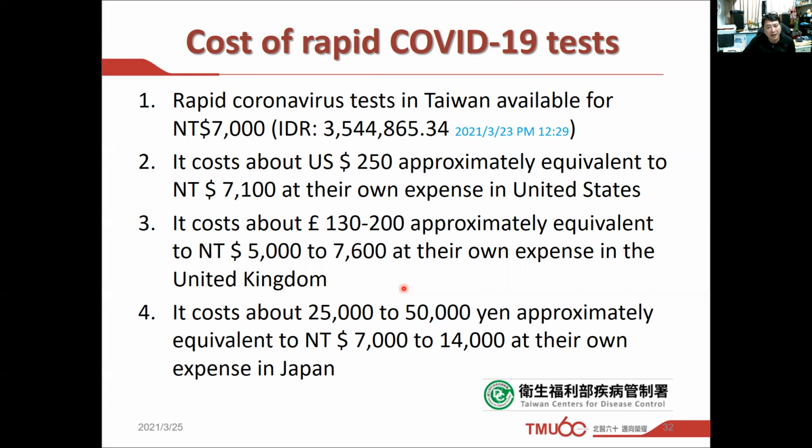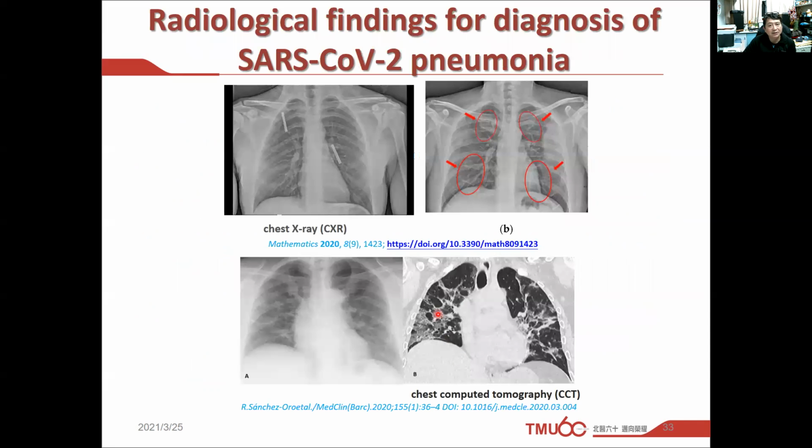Okay, and in Japan, probably around 25,000 to 50,000 yen, a very similar price to Taiwan, around 7,000 to 14,000 in expense for a COVID-19 test.